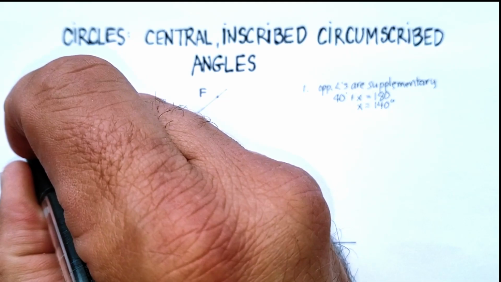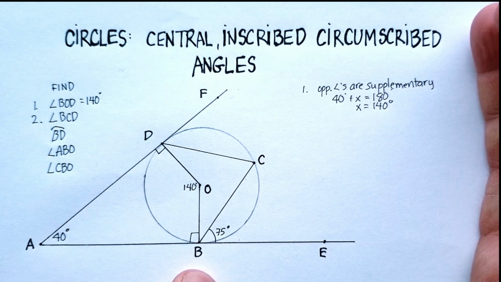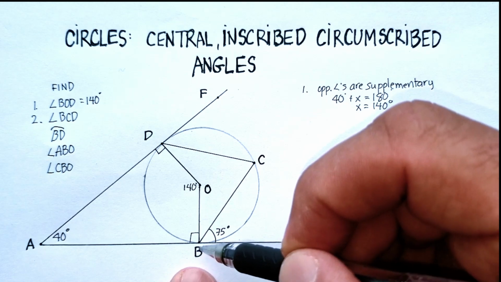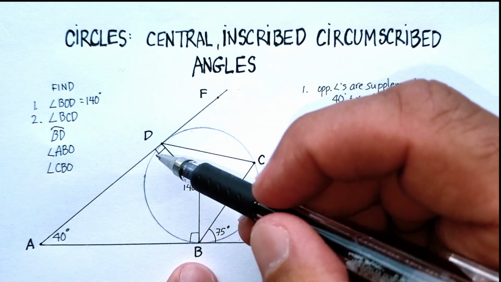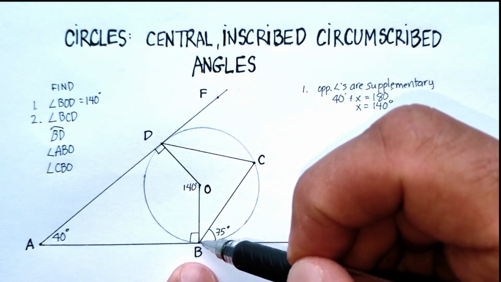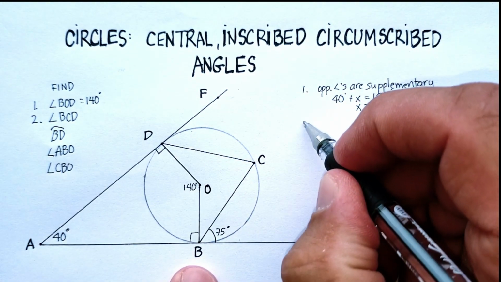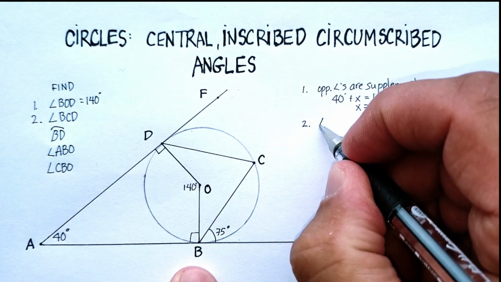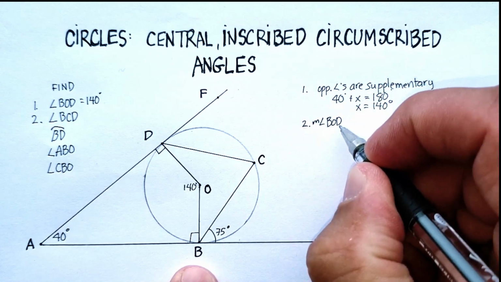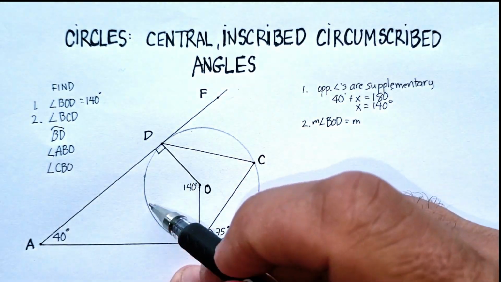Okay, now we're going to start building on that information and find other angles as well. What else do we know? BOD is also what they call a central angle. And one of the things that we know about central angles is that the arc that they describe is equal to the same thing. All right, so this angle BOD, this is number 2 now. The measure of angle BOD, that's what the little m means, is equal to the measure of the arc that it describes.